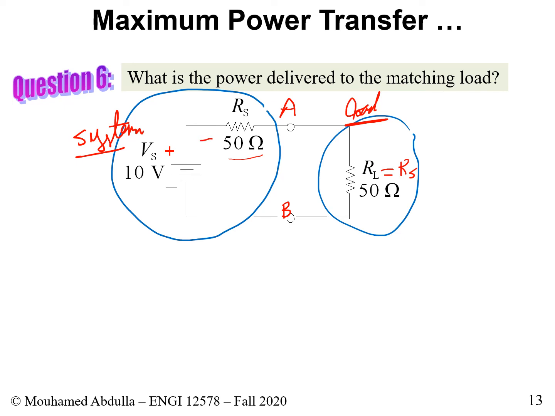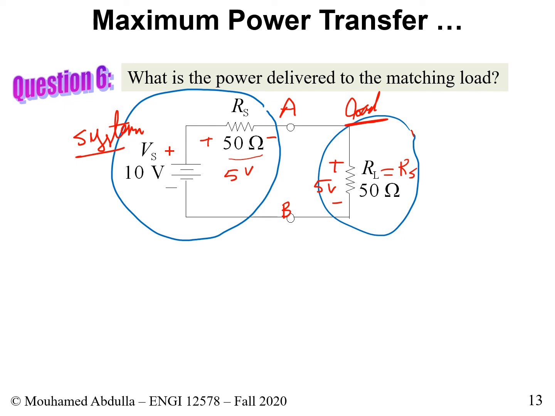It will get 5 volts. And this one here will get the remaining 5 volts. Now the question is, how much power does this one get? Basically, this power is the maximum power because the resistances are matching. Now the load has the same value of resistance as the system.